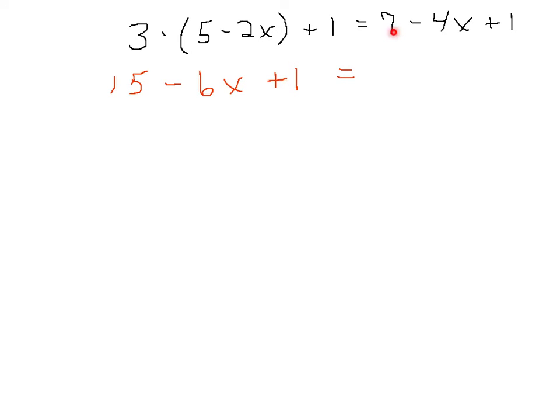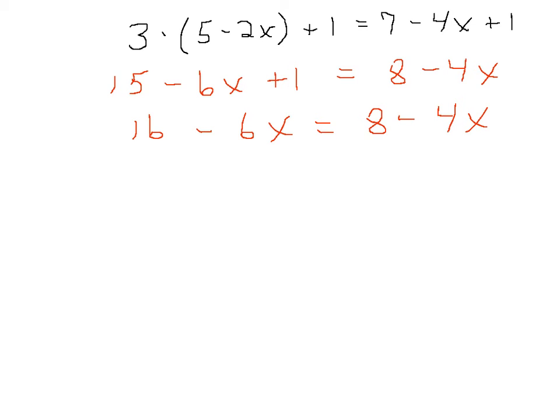I can add the 7 and the 1, and I get 8 minus 4x. So what I need to do now is add the 15 and the 1, and so I get 16 minus 6x equals 8 minus 4x.